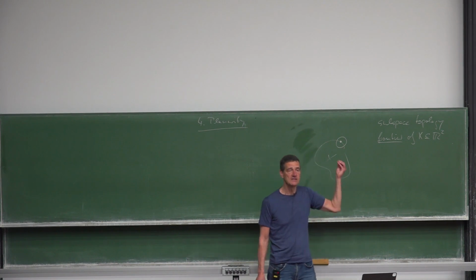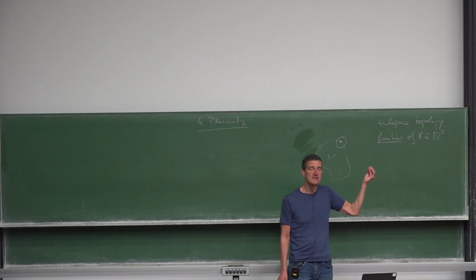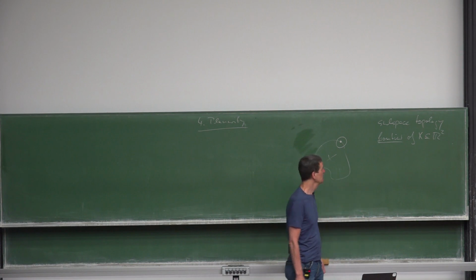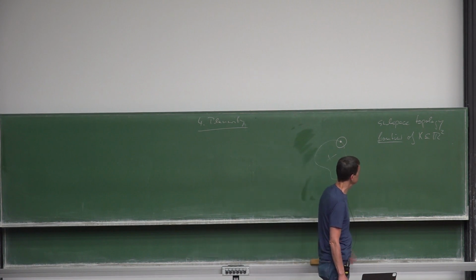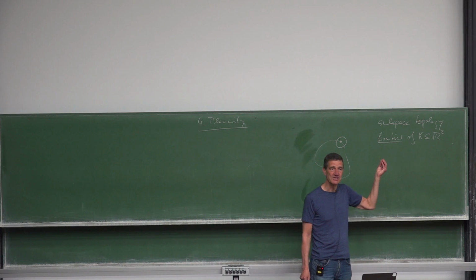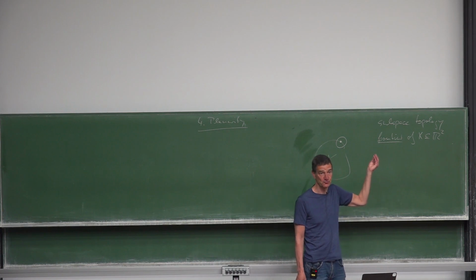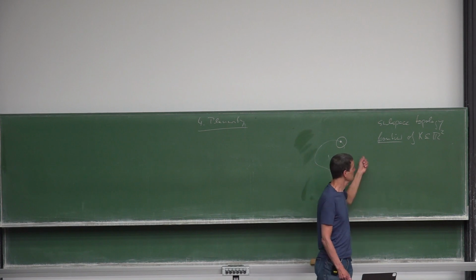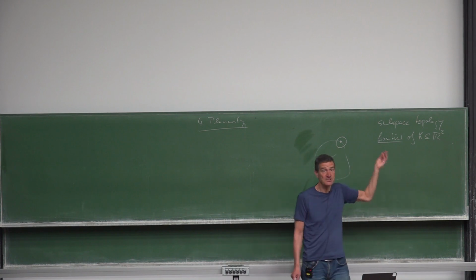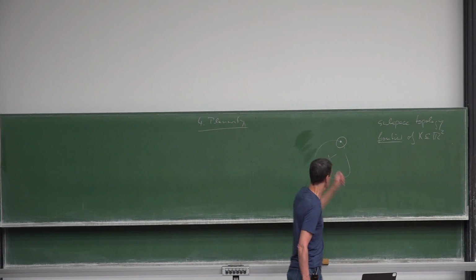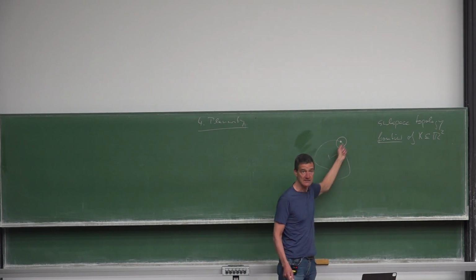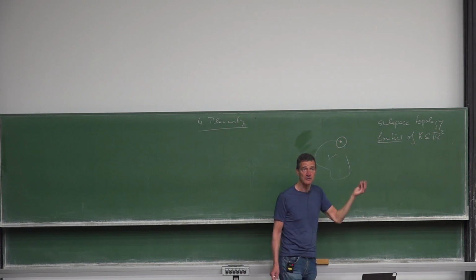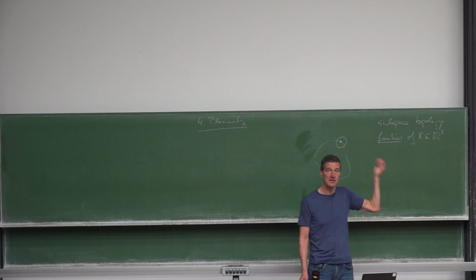So for every point in the complement, that's not on the frontier, you have to show that it has an open neighborhood that misses the frontier altogether. But that's easy, right? If you take a point that's not on the frontier, why is it not there? Because it's not true that every neighborhood meets X and the complement. So it has a neighborhood that only meets X, or it has a neighborhood that only meets the complement.